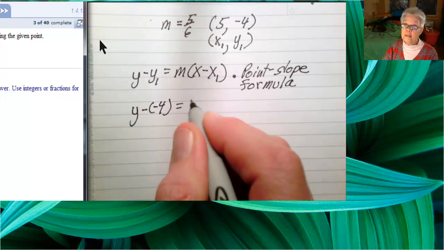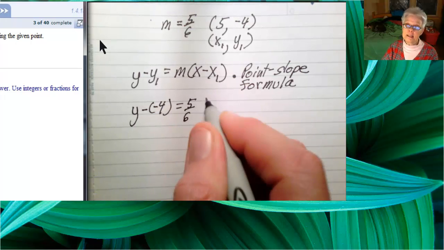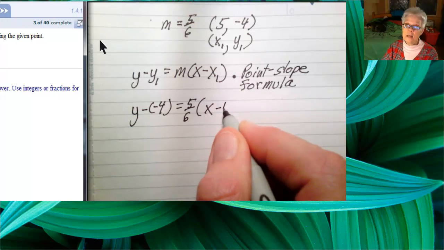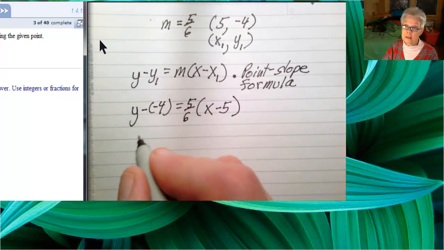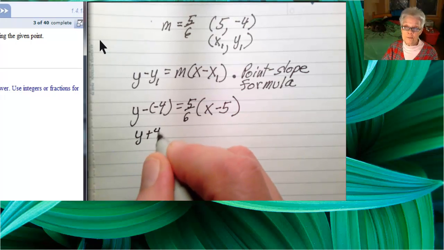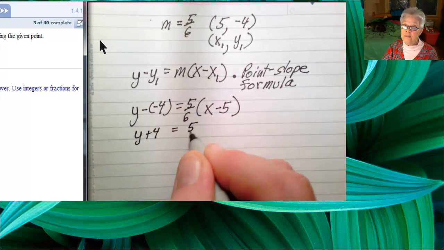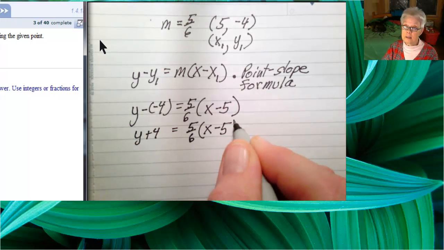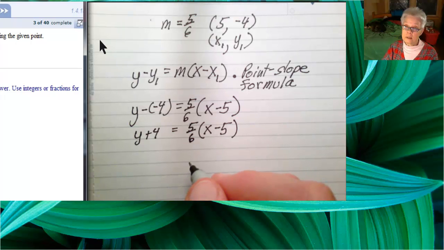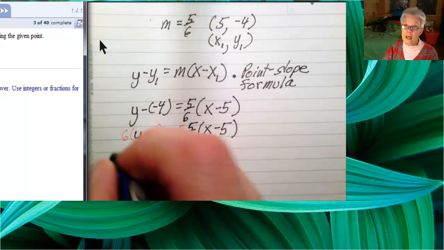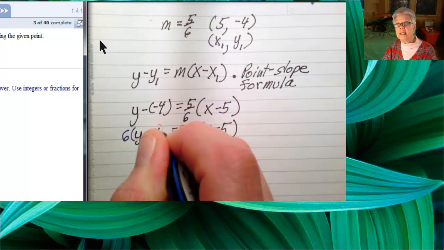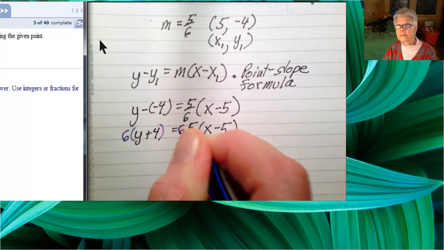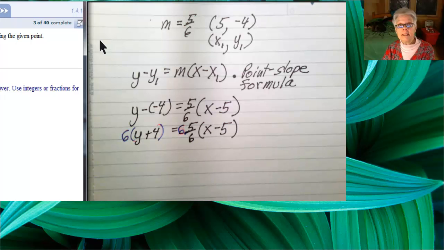So y minus negative 4 equals 5/6 times x minus 5. So y plus 4 equals 5/6 times x minus 5. I'm going to multiply both sides by 6, so I can cancel out the 5/6.